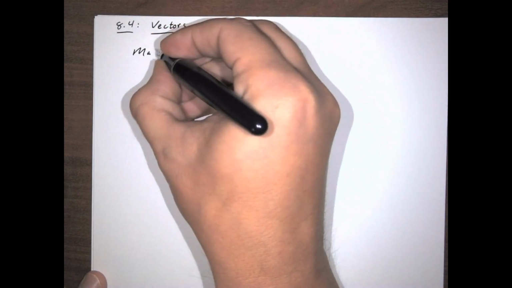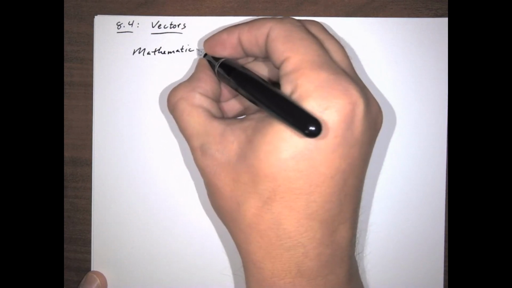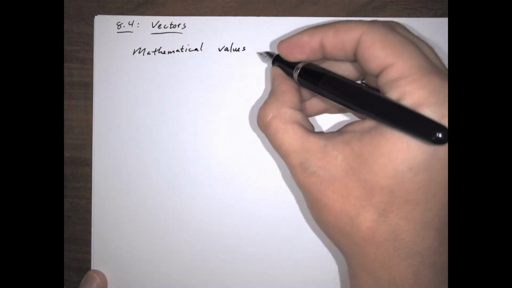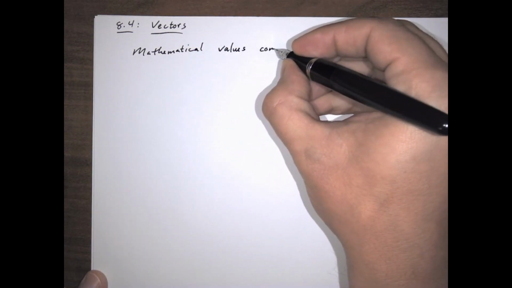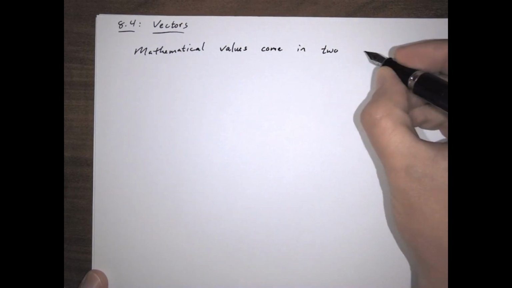Alright, so mathematical values come in two main categories.